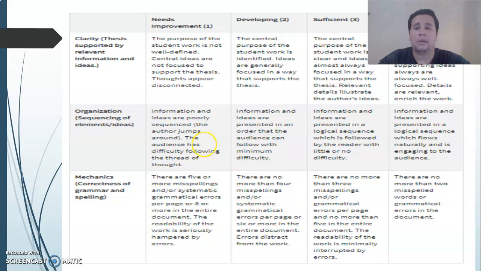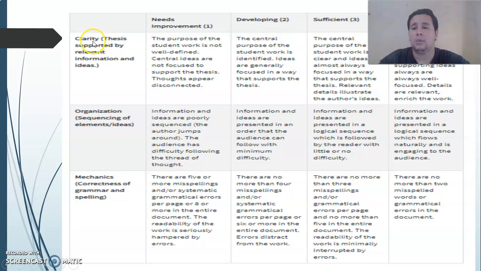Okay, here we have an example of an analytic rubric. As I mentioned before, here we have the dimensions, we have 3 criteria. In this case, this is an analytic rubric for a writing essay.